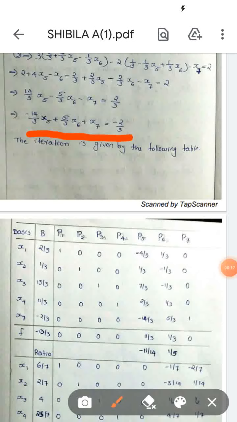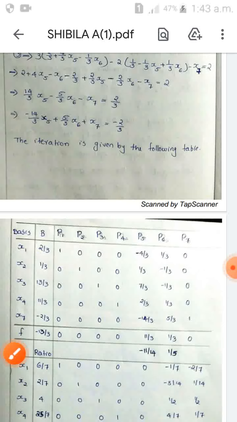Here the coefficients of x1, x2, x3 and x4 are 0, the coefficient of x5 is minus 14 by 3, the coefficient of x6 is 5 by 3, the coefficient of x7 is 1, and the constant is minus 2 by 3. So we get x7. The value of b is negative for x7.